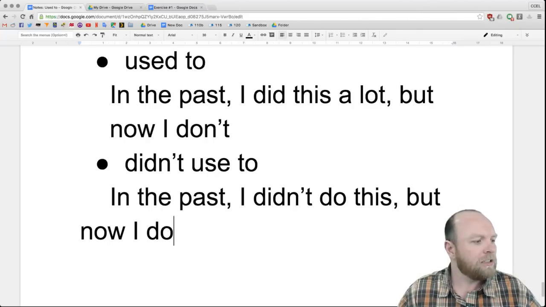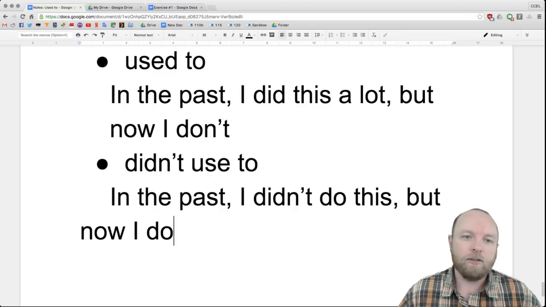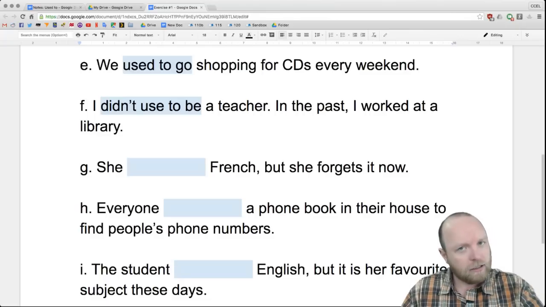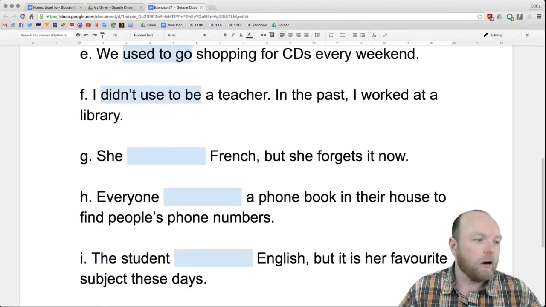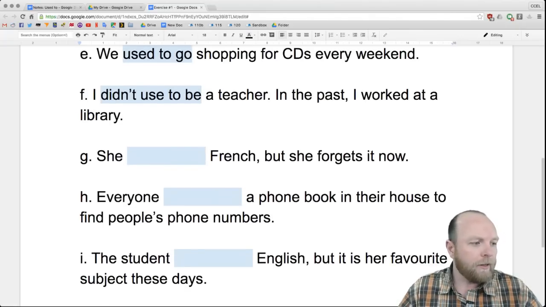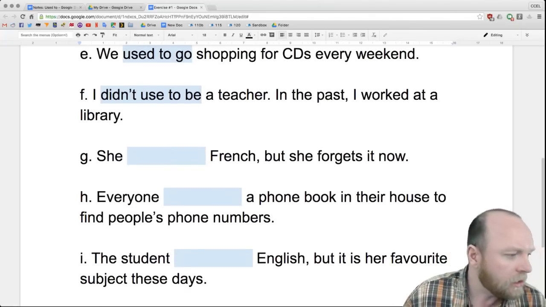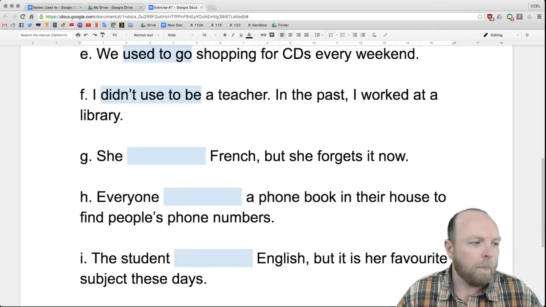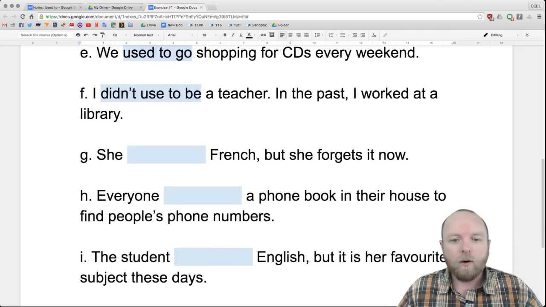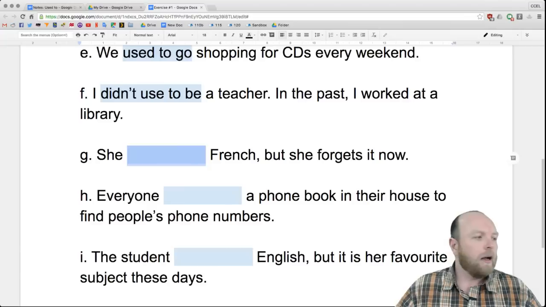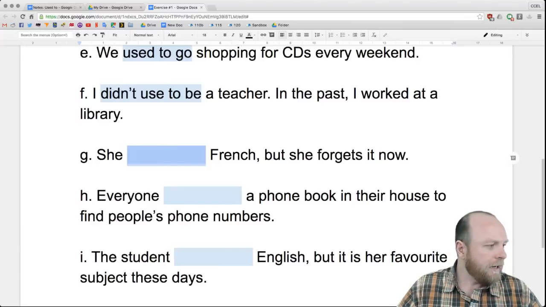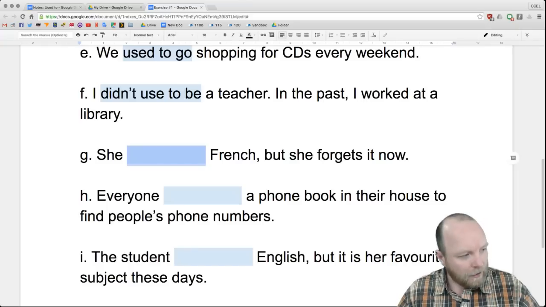So guys, write me some examples in the chat of not used to, didn't used to. Okay, and I'll tell you if you're right or wrong. Okay, the Russian guy, his name is Albovsky. I think it's probably a man. Thank you. Okay, let's look at your answers for G. She used to what? She used to speak. Good job.